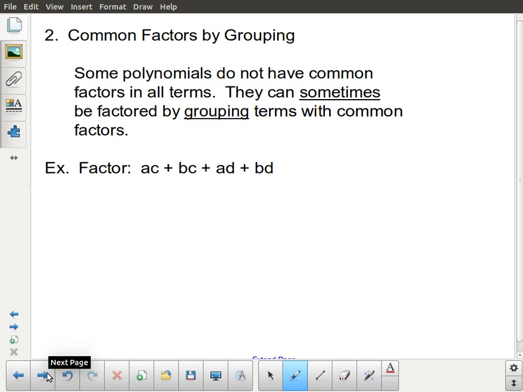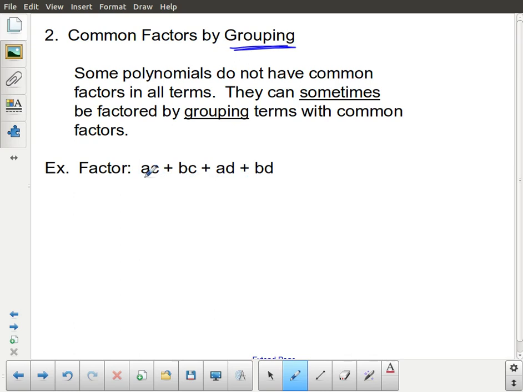Now another way that we might take out common factors, and it's a lot more difficult to see, but it's a super useful strategy, and it's actually something we make use of when we start to factor quadratics, is something known as factoring by grouping. So if we take a look at the polynomial that you're given here, AC, BC, AD, BD, there is no single variable that is common to everything.